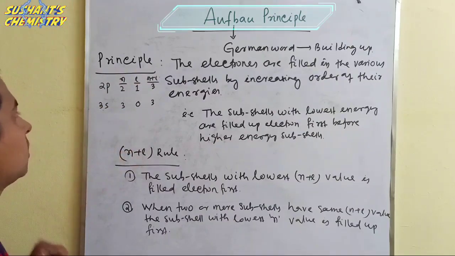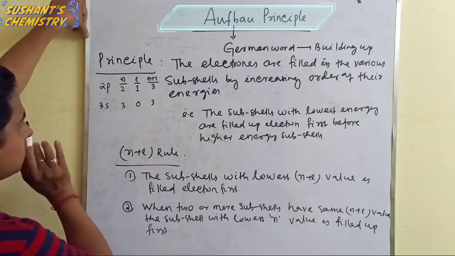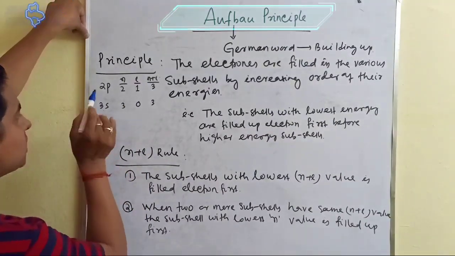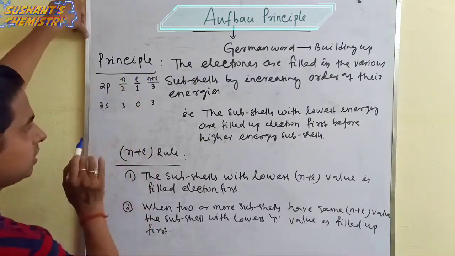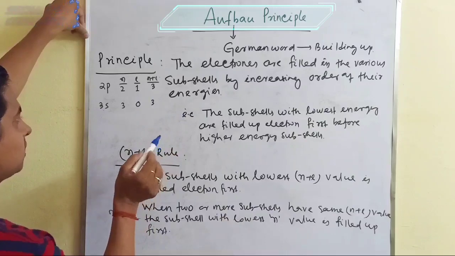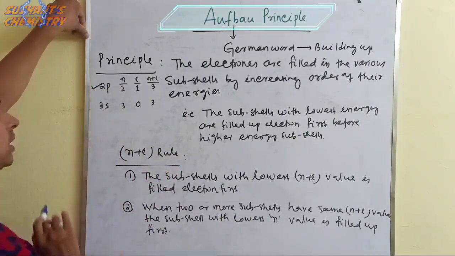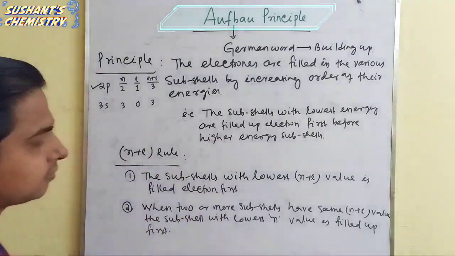But this rule tells that between two or more subshells having the same n plus l value, the subshell with lowest value of n has lowest energy and is filled with electrons first. That means the 2p subshell is filled first before the 3s subshell. This is all about the n plus l rule.